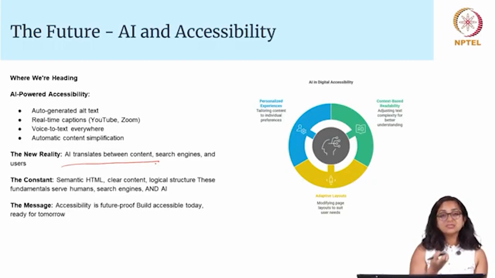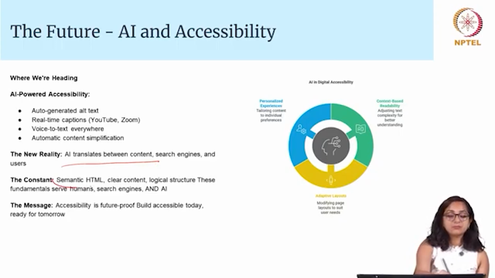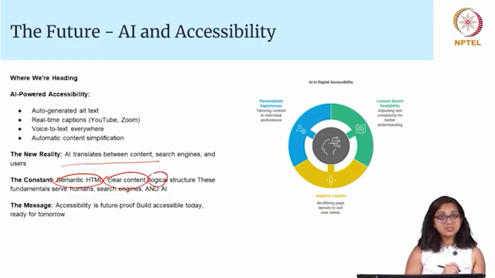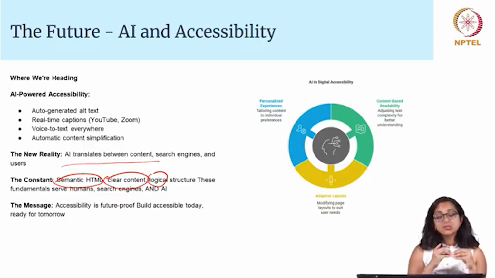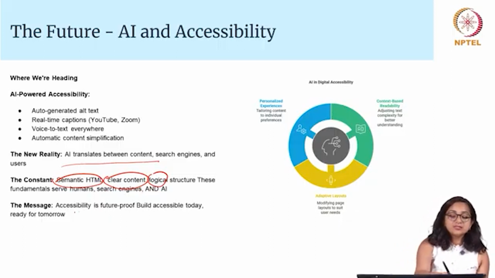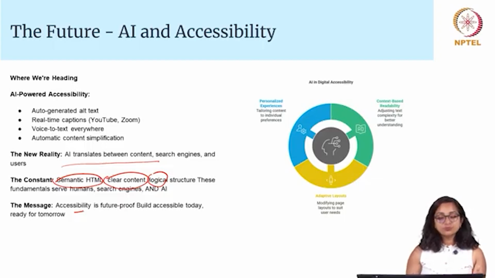But the constant still remains the semantic HTML, the clarity of the content, the logic, which we discussed in one of the earlier sessions, that AI is still not able to do. These fundamentals serve humans, search engines as well as AI, and contribute to LLMs also. So the message is that accessibility is future proof. Build accessible today and be ready for tomorrow.